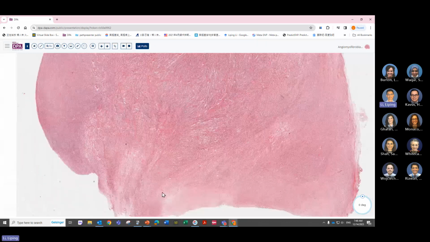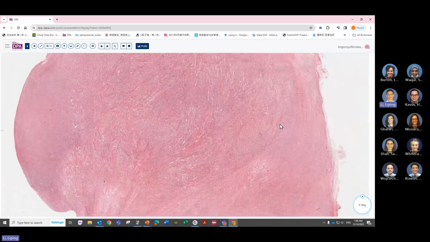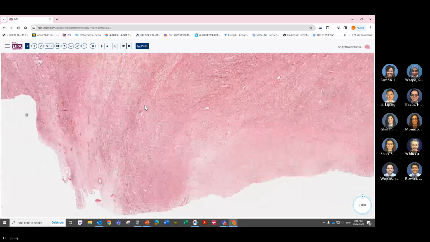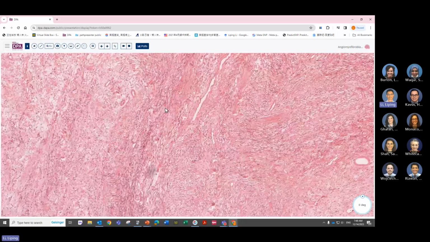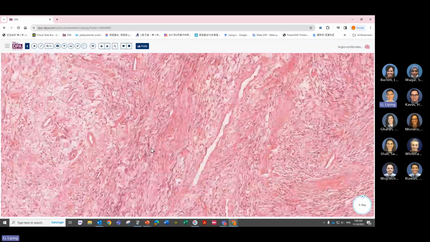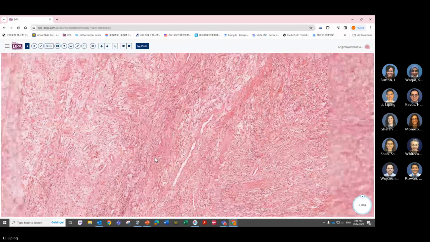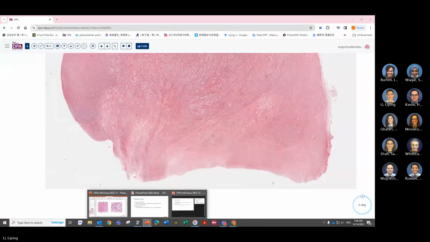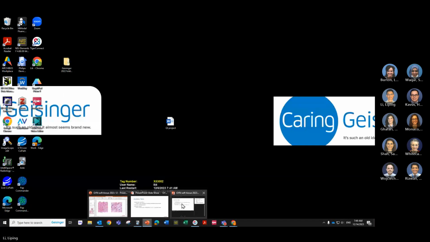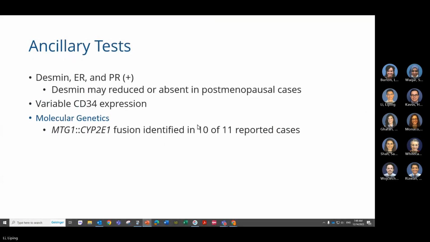And then some hypocellular area and hypercellular area. And then zoom in, we can see these small muscle cells forming this long fascicle. That's it for this entity.